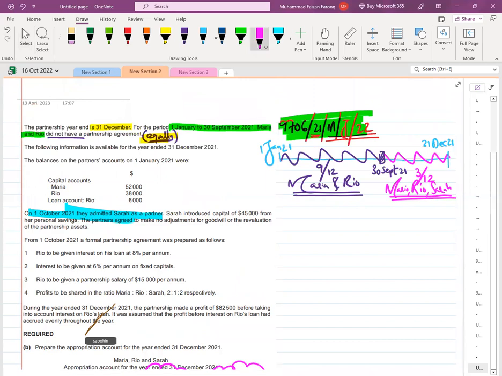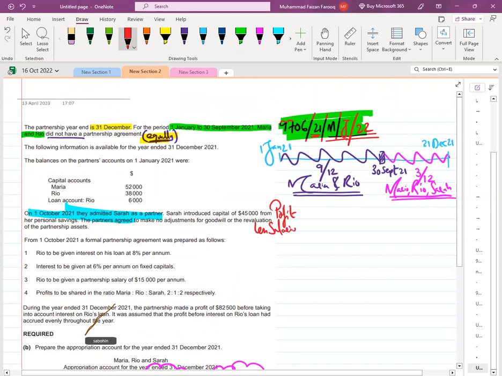First of all, we know the format now. What was our format? Our format says profit, then less salaries, then less interest on capital, then add interest on drawings. Now, this question has two parts. Part one is Maria and Rio.